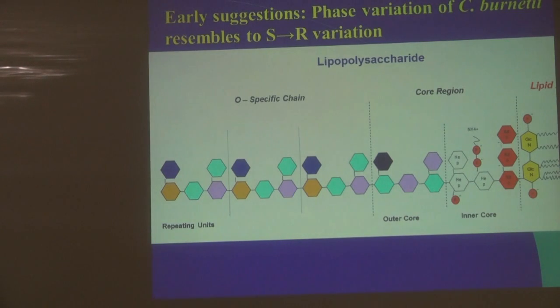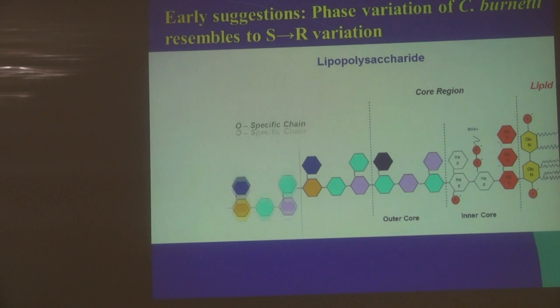But an early suggestion on phase variation of Coxiella burnetii was that it resembles SR variation of enterobacteria. It was thought that during passage in embryonated eggs or tissue culture, from phase 1 to phase 2, continuous partial degradation of this LPS occurred in this way.